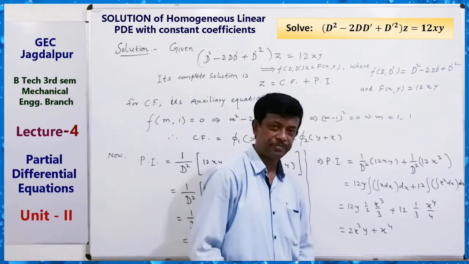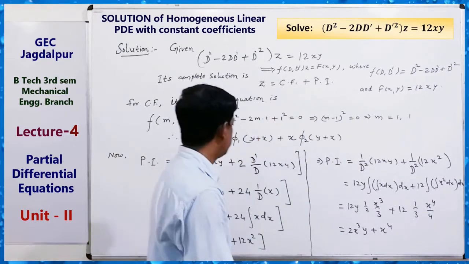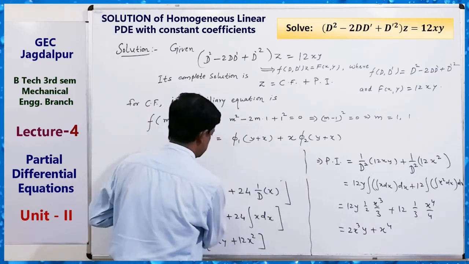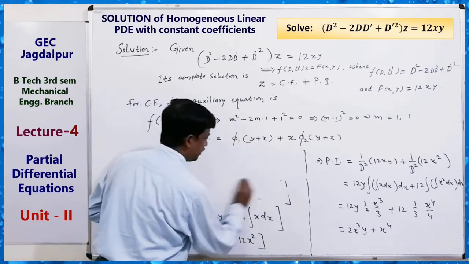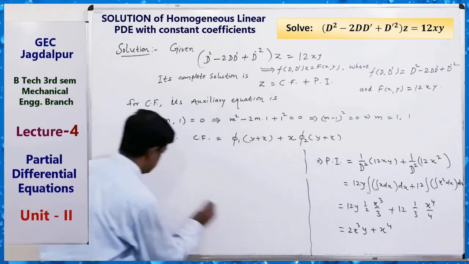This is CF and this is PI. Therefore, we can write the complete solution.